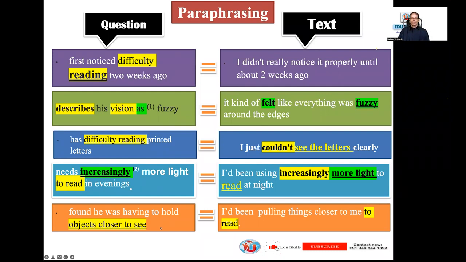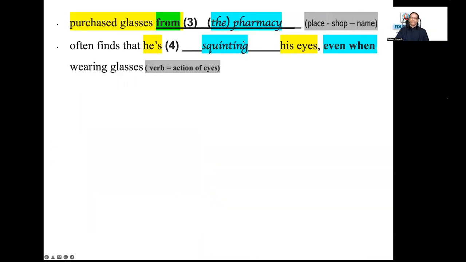But in the question statement, the third person is used: found he was having to hold objects closer to see. The reported speech is being used in all the question statements. Okay, whereas here it is first person being used. This is what you have to understand. And as you scan the questions for the first 30 seconds, this difference you have to make out. So when you listen, it will be very easy for you to grasp the answers.